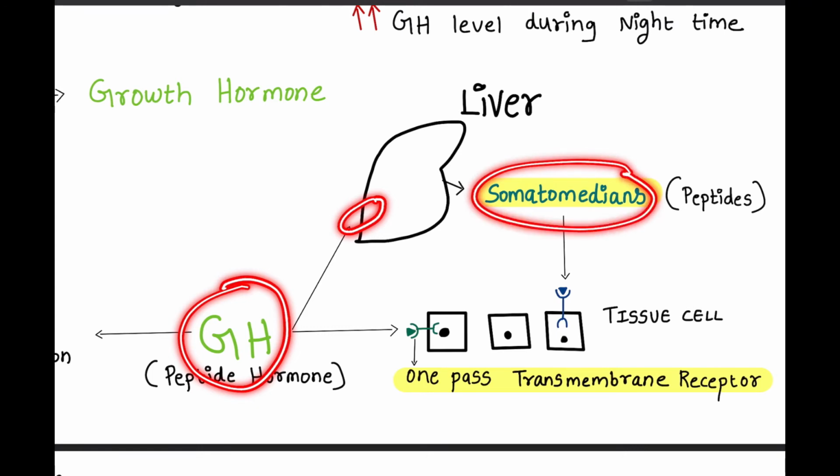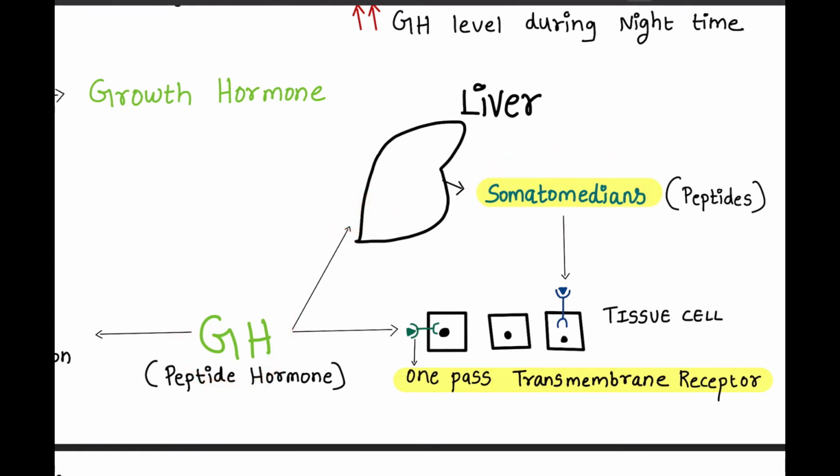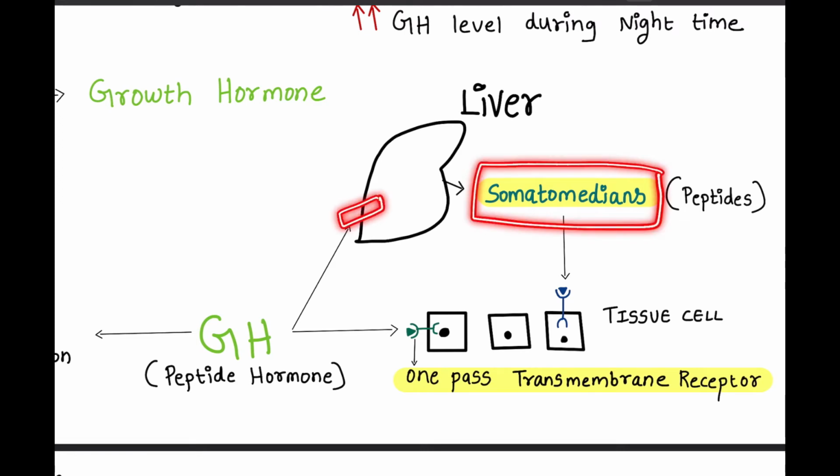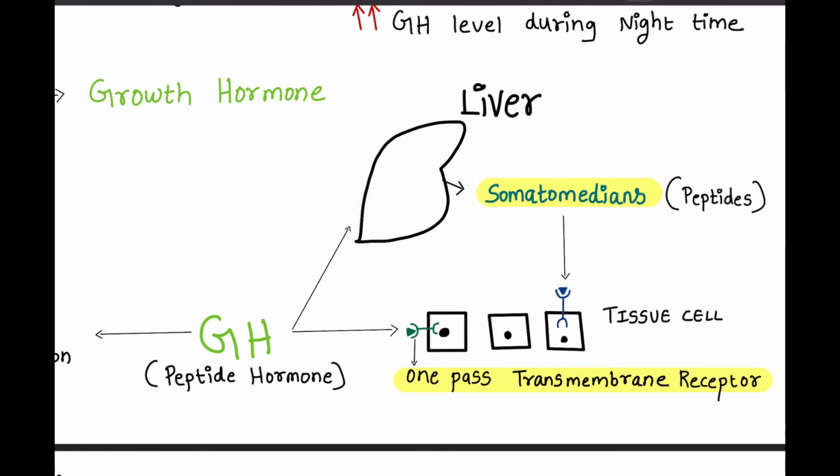So even though growth hormone is normal or above normal, you will have decreased somatomedins. And this picture you can see in African pygmies.